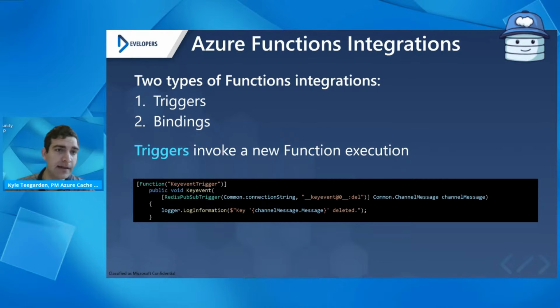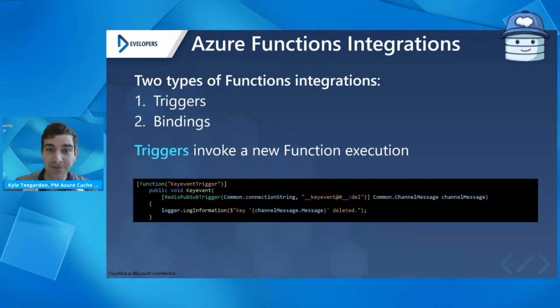Every time a key is deleted on your cache, it puts out a notification on this channel. And our trigger here is looking at that channel and will trigger every time it sees a new delete event come into that channel. In this case, we're just logging the key that was deleted.